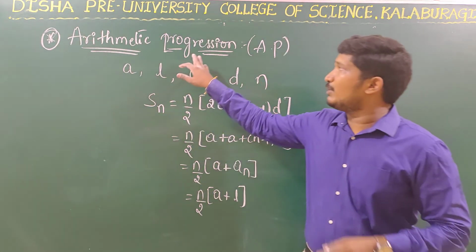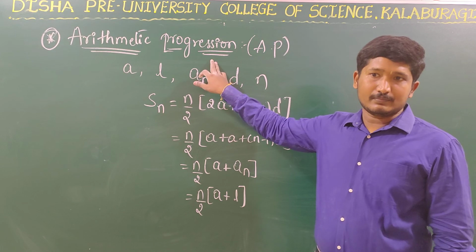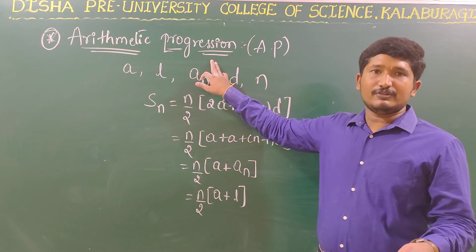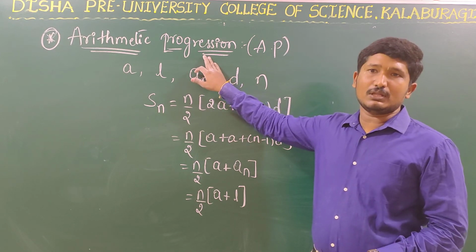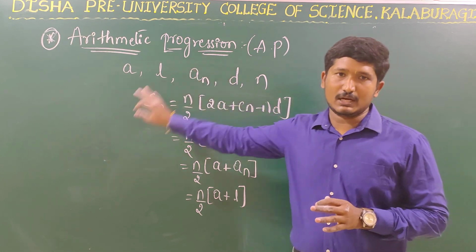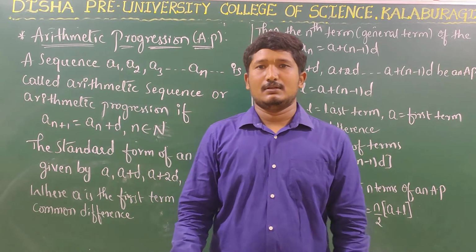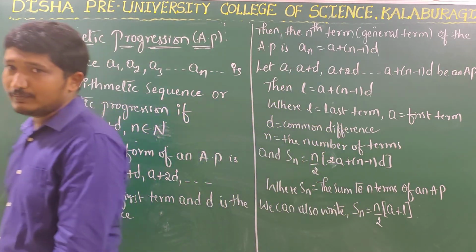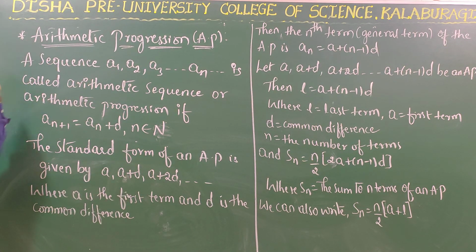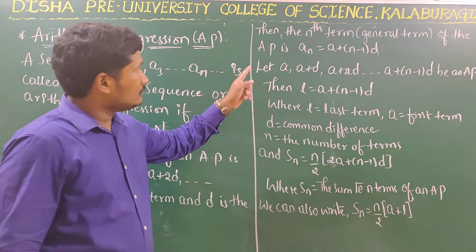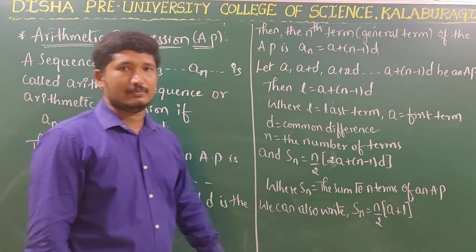So this is about arithmetic progression. Now what we will do? We will begin with the problems based on the arithmetic progression, right? Write the definition of the arithmetic progression, and you also know about the standard form, so take this down.